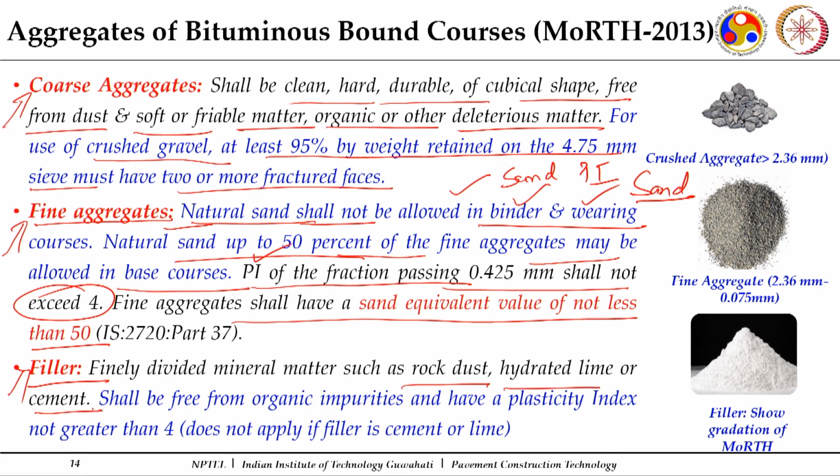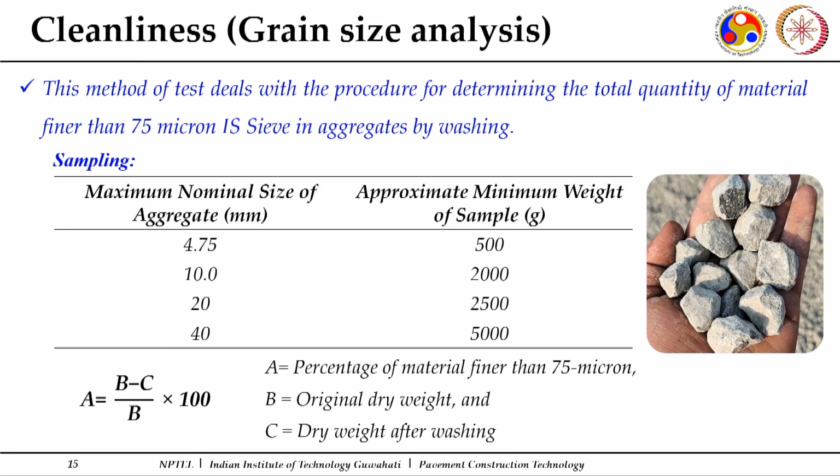Again here we are going to check the plasticity index, and it should not be more than 4, and this plasticity index requirement can be omitted if the filler is cement or lime, because they are non-plastic materials. Now what is required here? We need to look into the cleanliness part, or we can say the grain size analysis part. The one requirement is that the aggregate has to be clean.